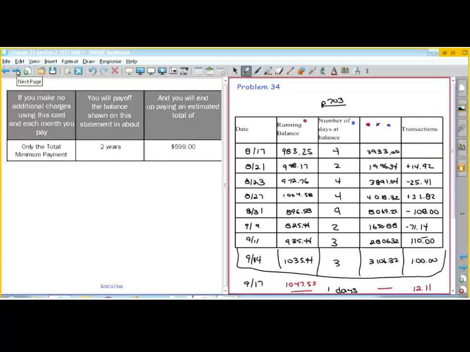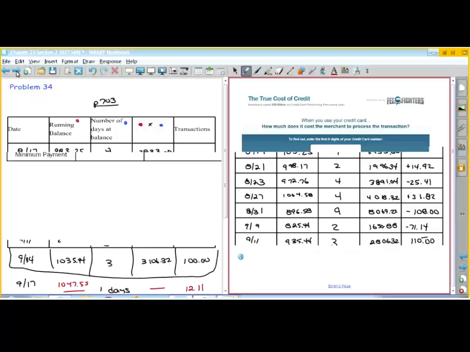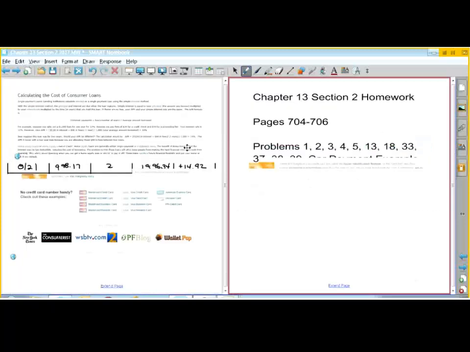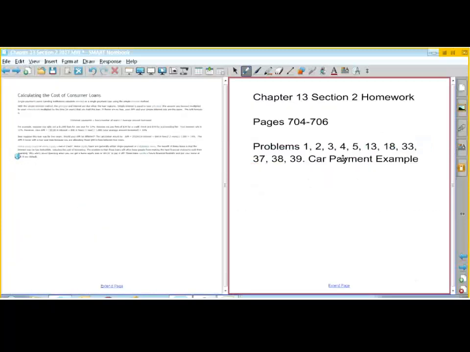It's not rocket science. It's just some reasonably simple calculations. You'll have some homework problems that address that, which I think is what I have next. Is some homework. There we go. Okay, yeah, the car payment example. So that's an assignment. What is the car payment example? I don't remember it, so I'll email that to you.